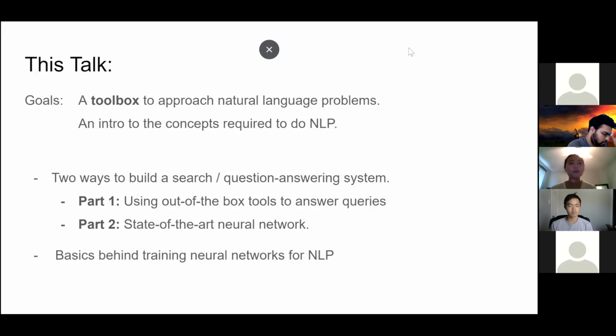Okay, so as I said, this talk is going to be a toolbox to approach natural language problems. There's not going to be too much theory about how these tools are implemented. I will give a lot of resources at the end if you want to figure out how they're implemented, and I encourage you to do so, because then you could weigh the different implementations for a specific tool that you're trying to use.